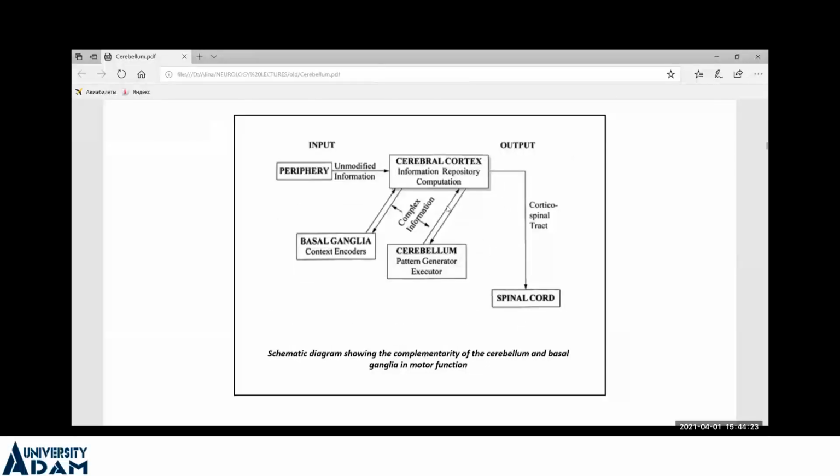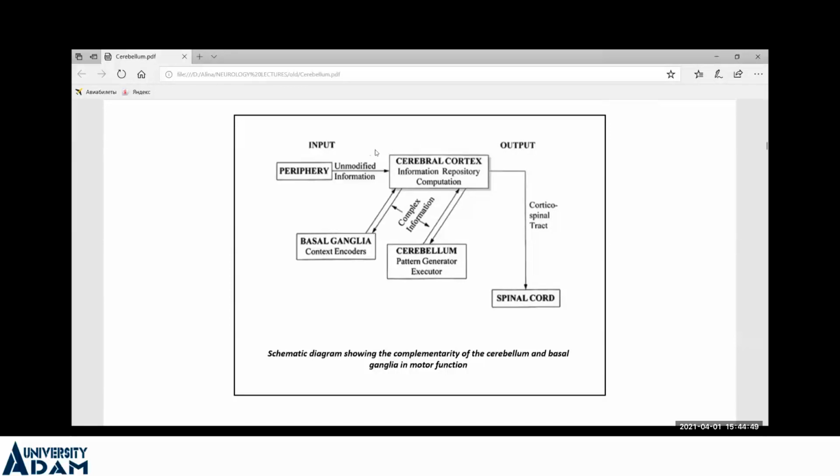This is a diagram that shows the complementary roles of the cerebellum and basal ganglia in motor function. As you remember, guys, in the nervous system we have input and output, right? This is always a rule, that we receive information and then we give a response.